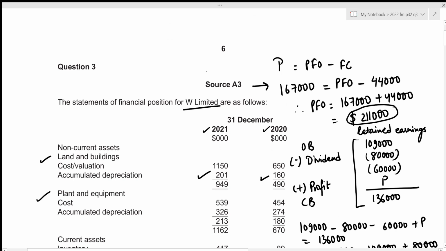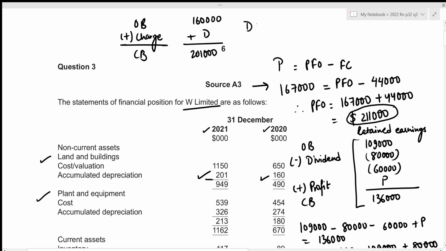Now we can just figure out our depreciation charge for the year by preparing a schedule. Our schedule starts with the opening balance for accumulated depreciation. Then we add the charge for the year, which gives our closing balance. In this case, we have the opening balance of 160,000. We need to figure out this depreciation charge, and we have the closing balance of 201,000.